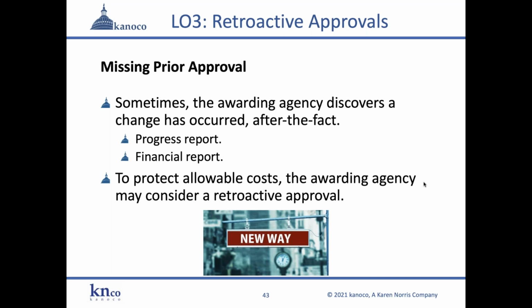So to protect allowable costs, the awarding agency may consider a retroactive approval. Now, there are some awarding agencies and some non-federal entities that have never heard of a retroactive approval. It does exist, it is possible, and it just requires communicating with each other and working together.